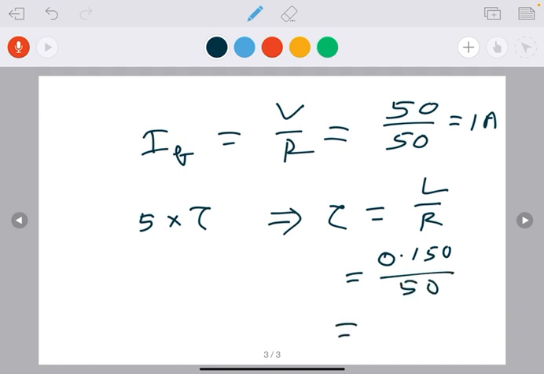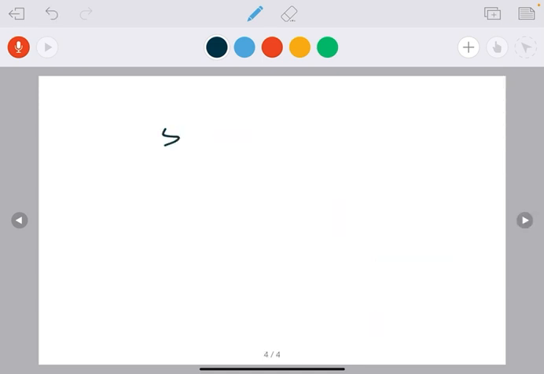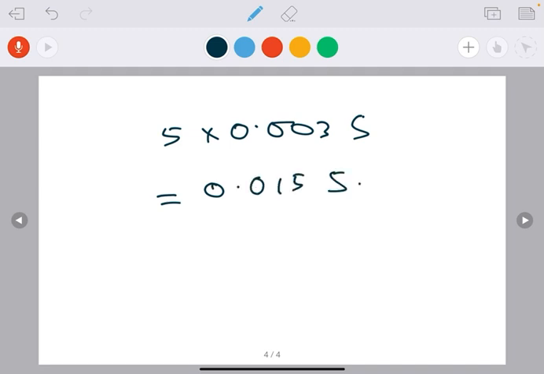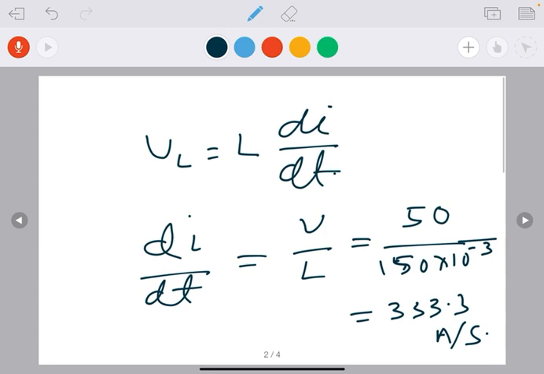So tau is equal to 0.003 seconds. So of course, the time taken will be 5 times tau. So 5 times 0.003 seconds will be 0.015 seconds. So that is the time taken for the current to reach its steady state value.